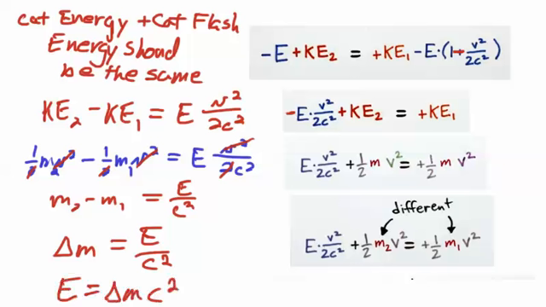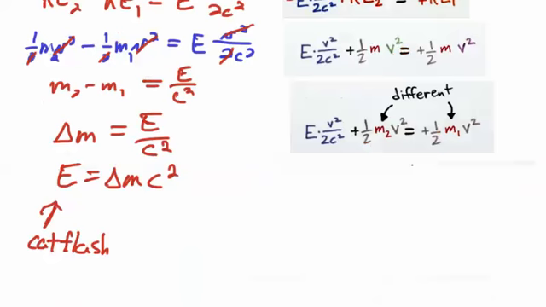So the cat flash energy actually changed the mass of the cat. So this actually solves for the change in the mass of the cat that was a result of the flashing of the cat, the light lost by the cat.